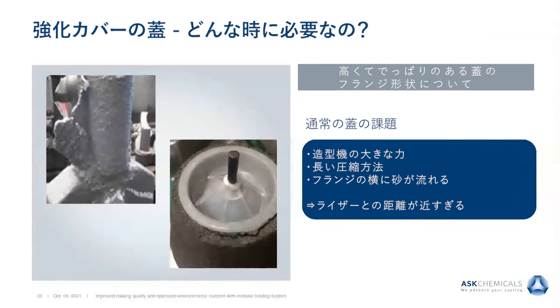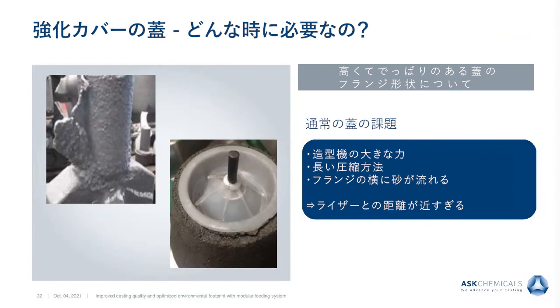What we have also seen sometimes on very high and exposed flange geometries is that the molding sand is flowing away and the riser is crushed onto the pattern and comes too deep.